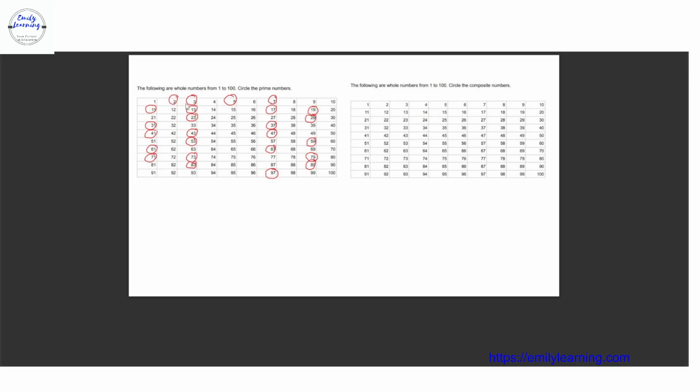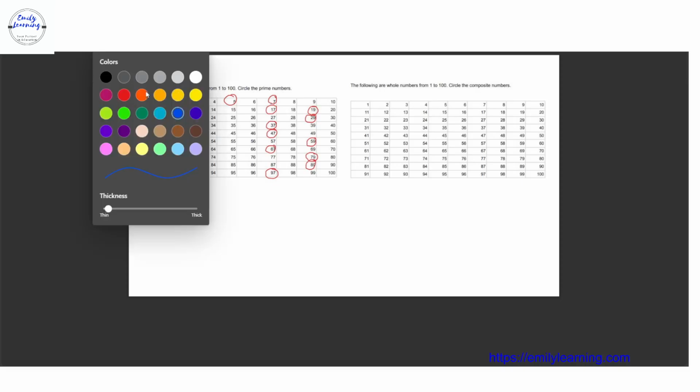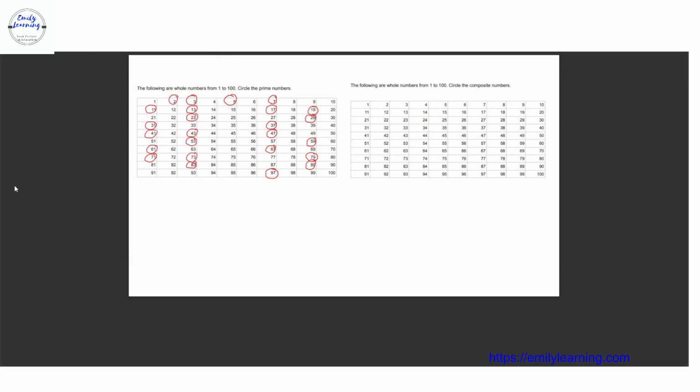After that, we know that 2 and 3 are prime numbers, so they cannot be composite numbers, because a composite number must have more than two factors. So the next composite number will be 4. 5 is a prime number, so it's not a composite number. 6 will be a composite number.